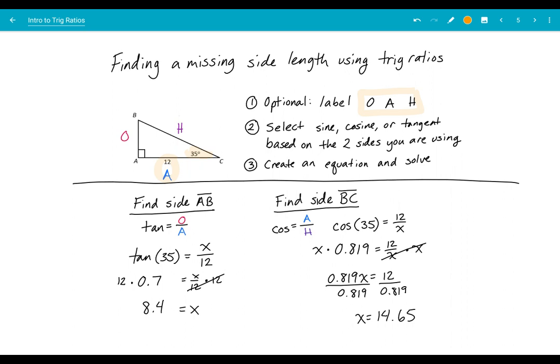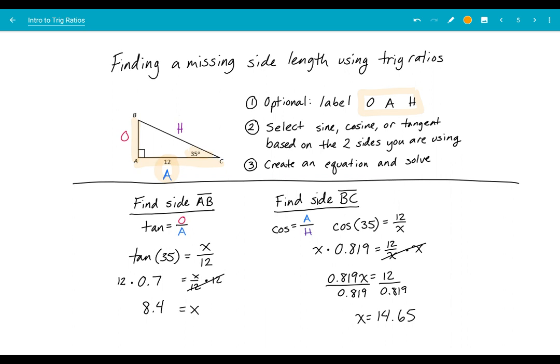In this case, I've been asked to find all of the sides of the triangle. One is given to me, the adjacent side. And I'm going to use that information to find side AB. So side AB and the side that I have information about, AC, those are the opposite and the adjacent. That tells me, which of SOHCAHTOA uses the O and the A?